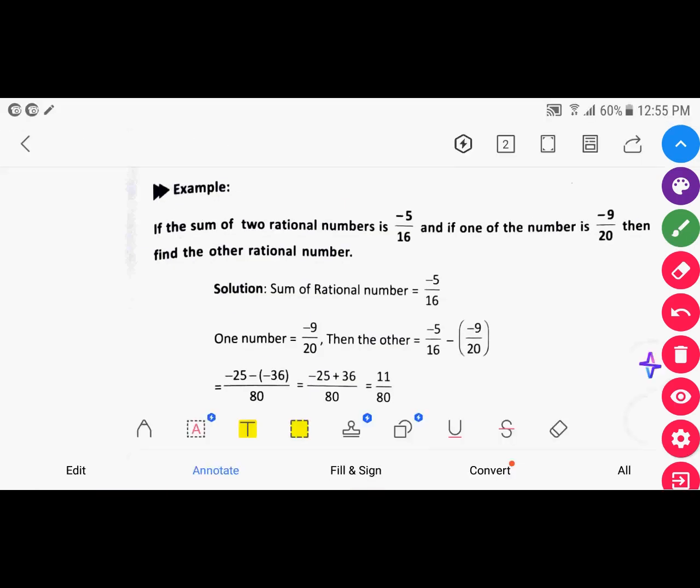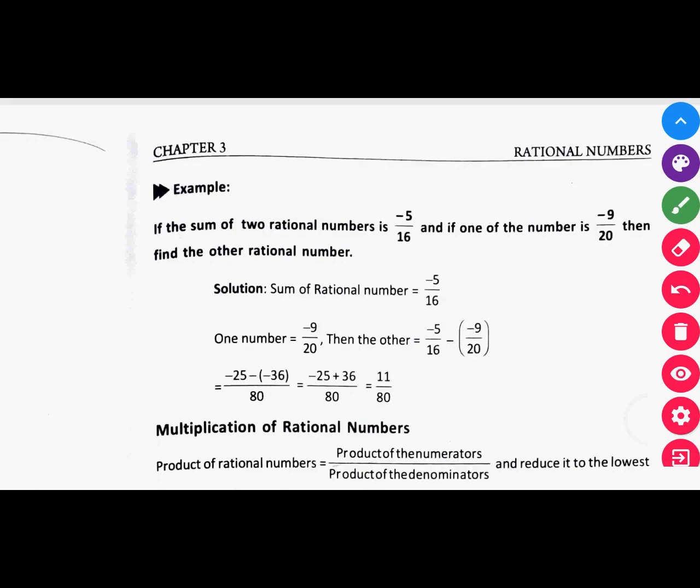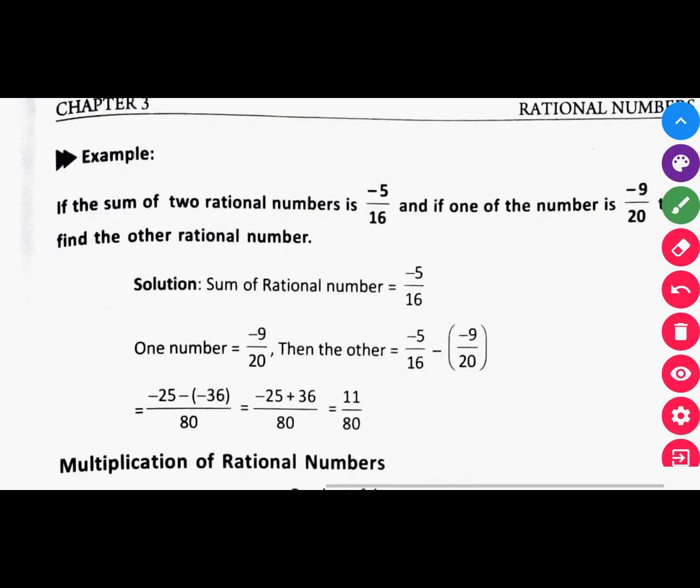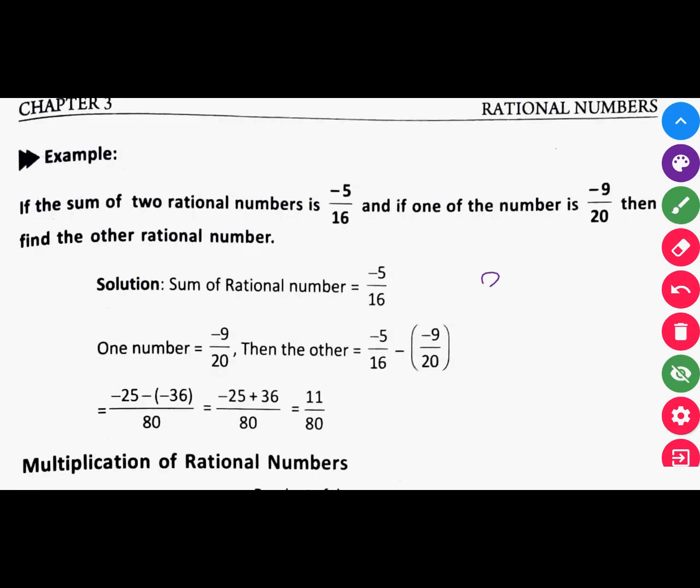We just have to calculate their least common multiple and just subtract the numerators. So for 16 and 20, the common multiple is 80 because 80 is in the table of 16 and also in the table of 20. So the LCM of both the numbers is 80.